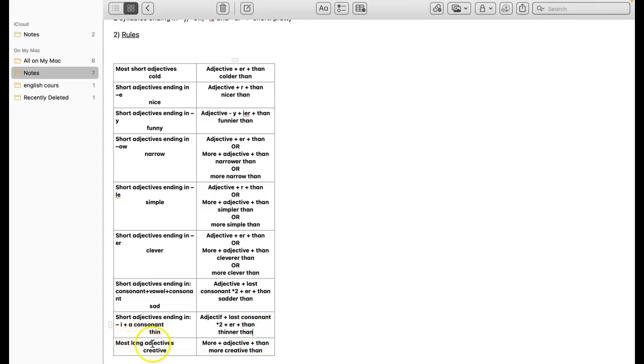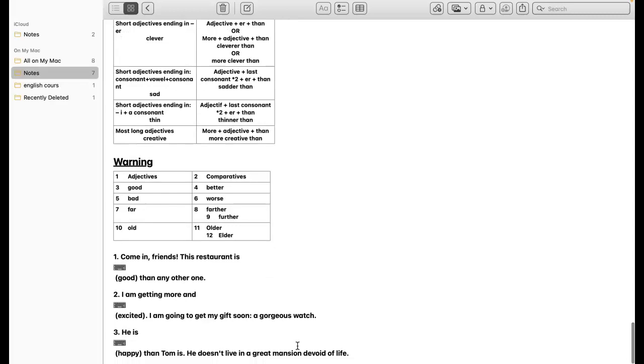For most long adjectives, creative, the rule is to take more plus adjective plus than. And here, creative becomes more creative than. Warning, there are some adjectives that don't follow these rules.